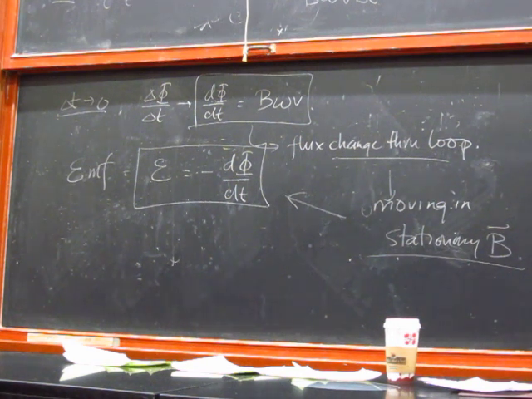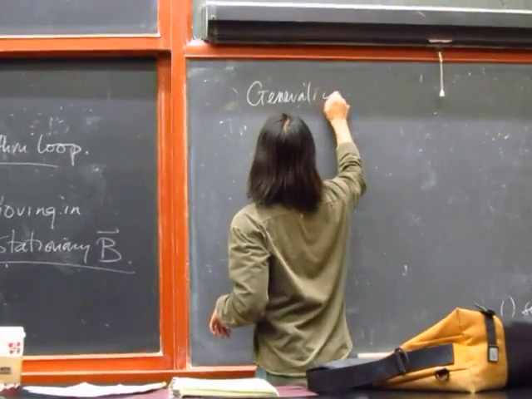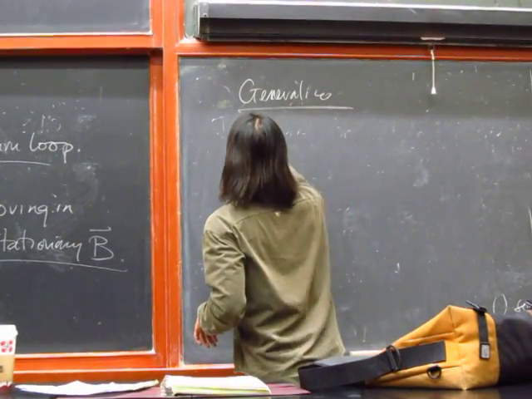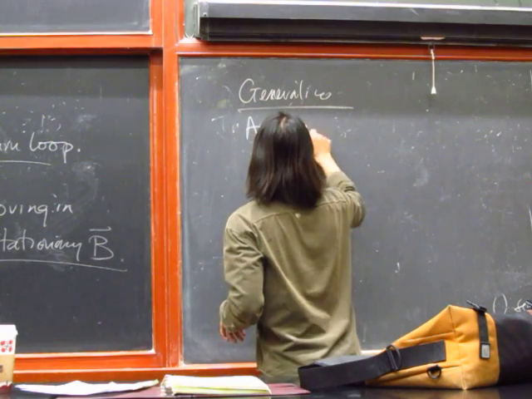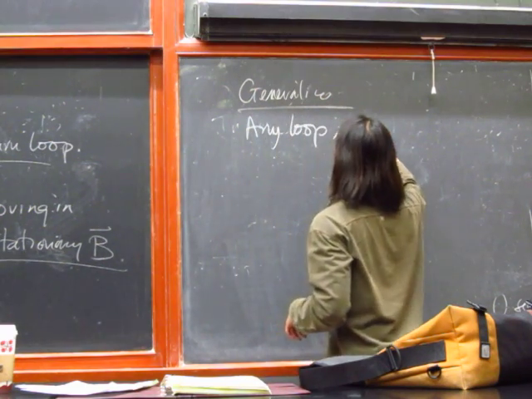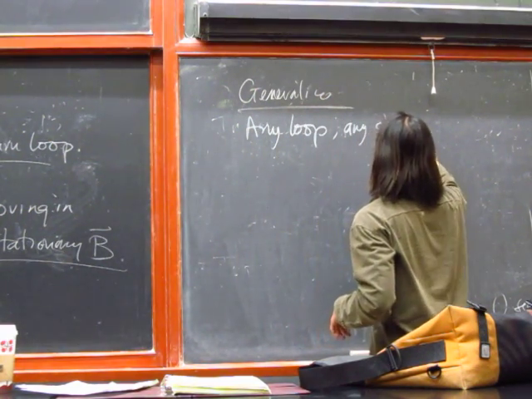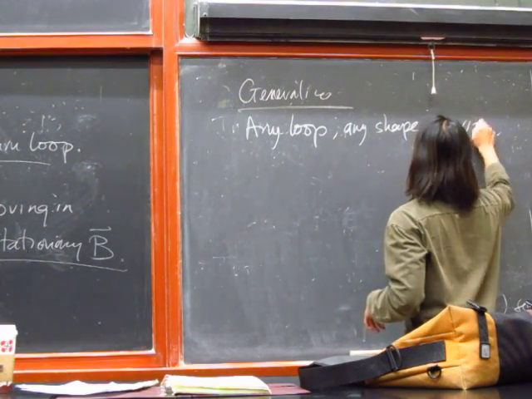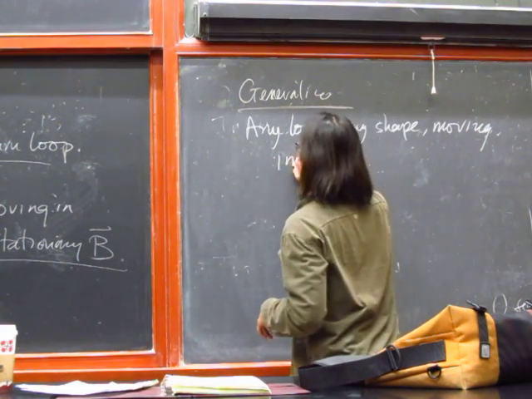Here, I consider an artificial, very simple case where I have a square loop moving perpendicular to a stationary magnetic field. But you can generalize to any loop, any shape, moving with any velocity.